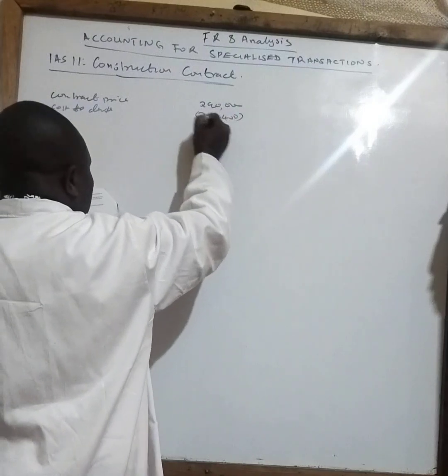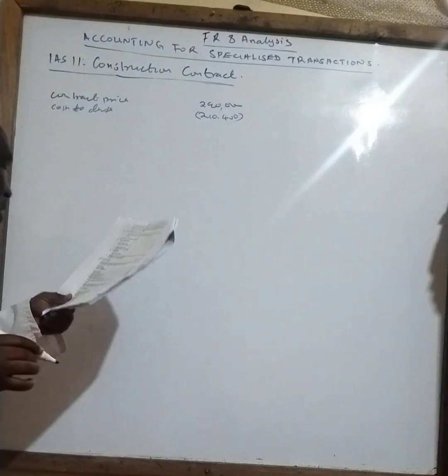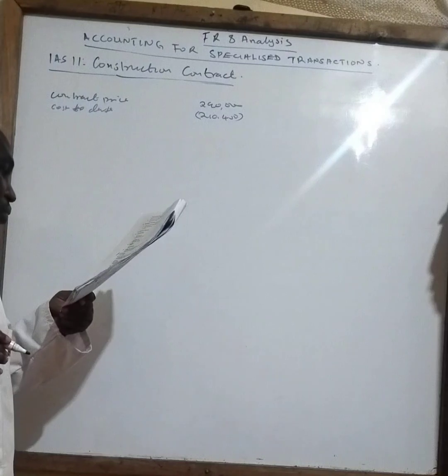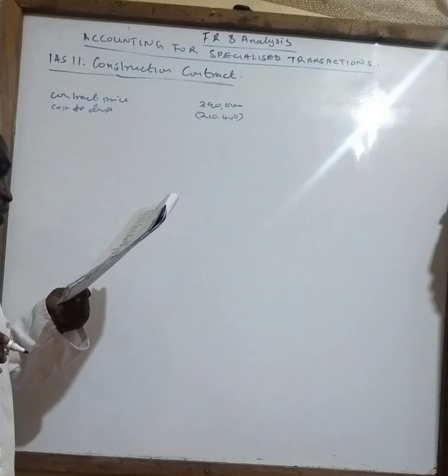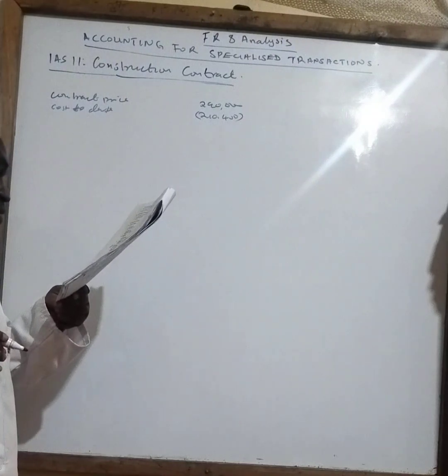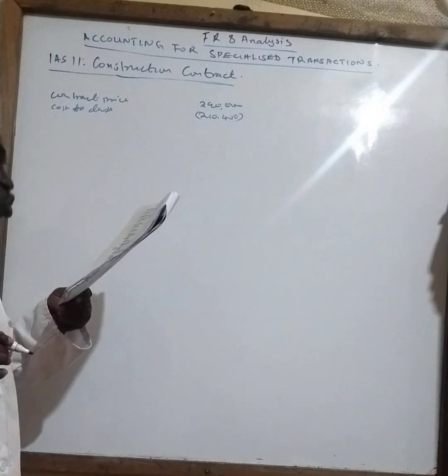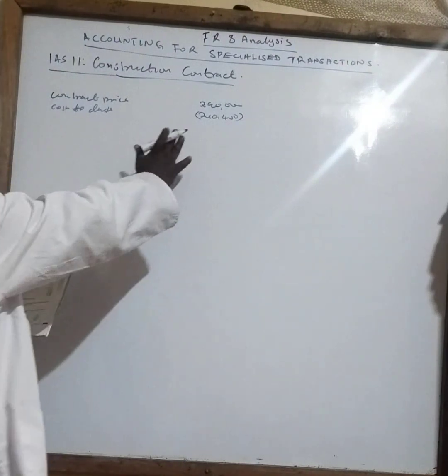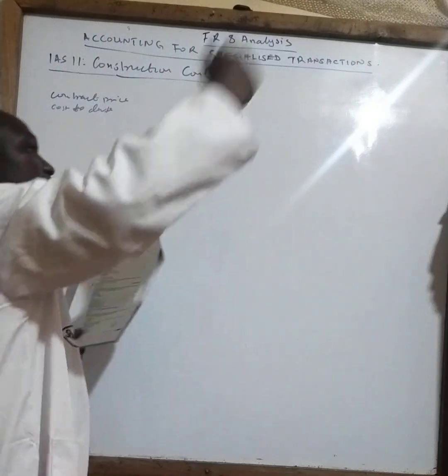210,450. You are subtracting. Then they are saying costs to this. Then there is also down there estimated cost to completion, which means after this cost to date, there is a cost to completion.